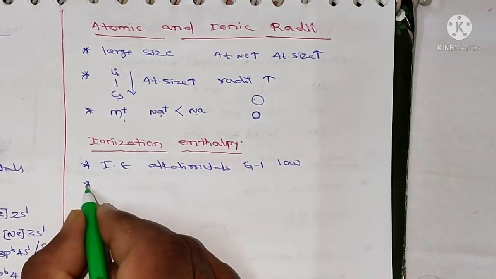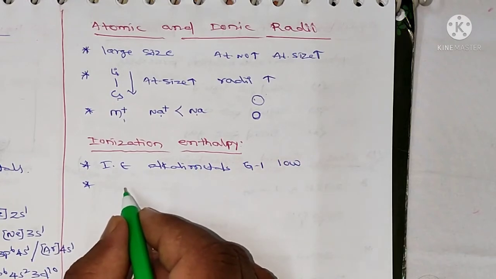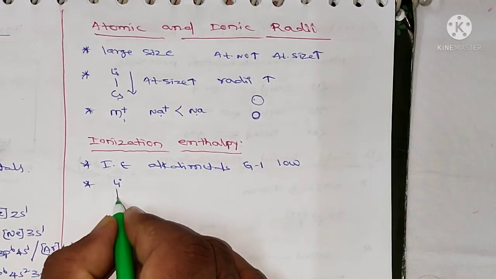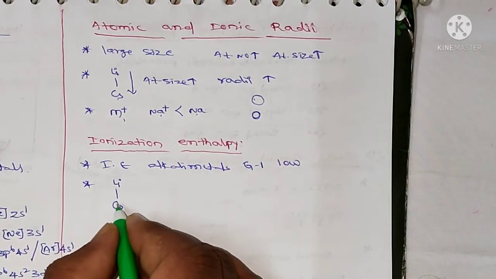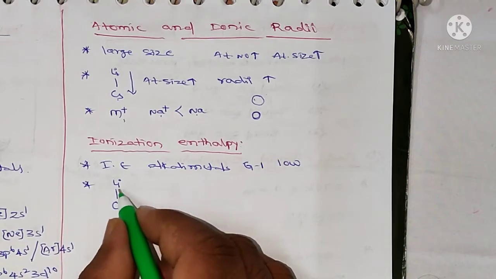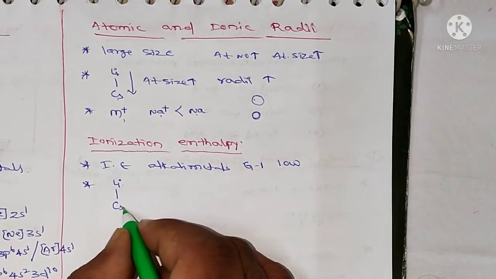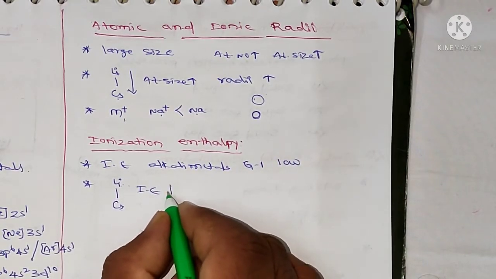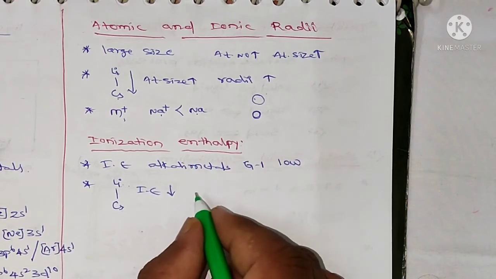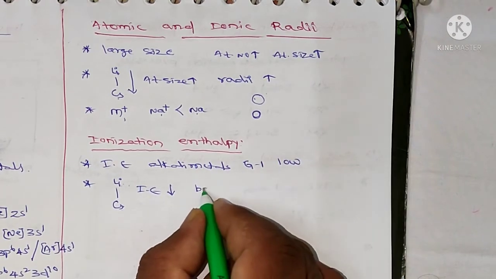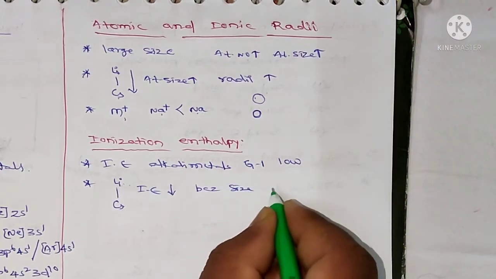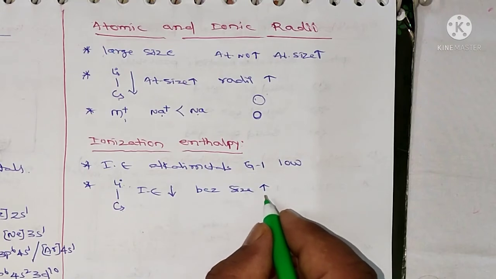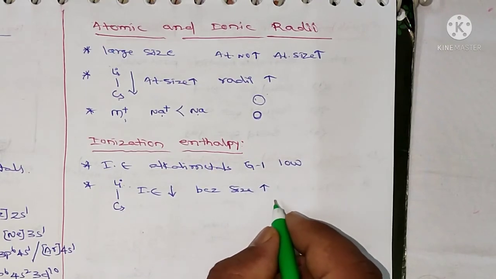And ionization enthalpy decreases from lithium to cesium. The top element is lithium and the bottom element is cesium in the first group. If you go from top to bottom, from lithium to cesium, the ionization enthalpy decreases because the size increases and the outer electron is screened from nuclear charge.